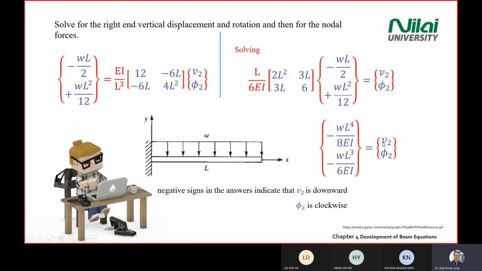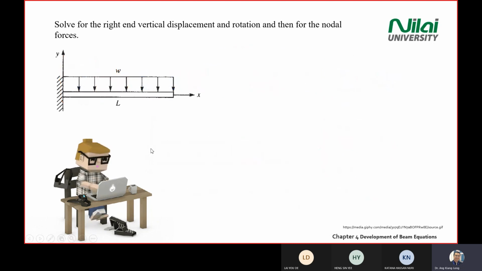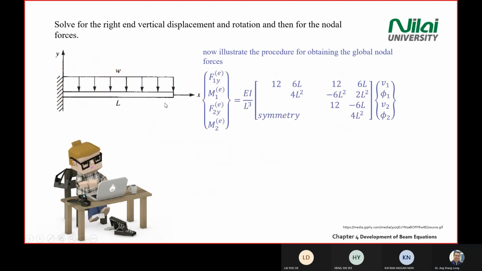Then after you have the vertical displacement and the angle at point 2, you can solve for the reactions already. This one is a global nodal force. So you write back the F equal to KD equation, F1y, capital M, capital F on the left hand side, equal to the stiffness matrix and the displacement.